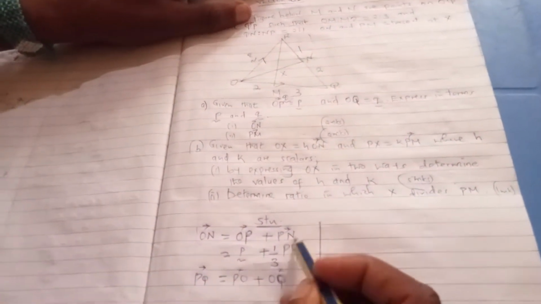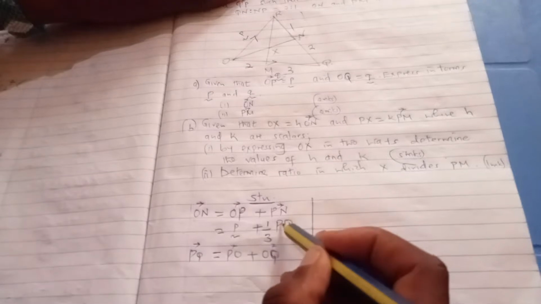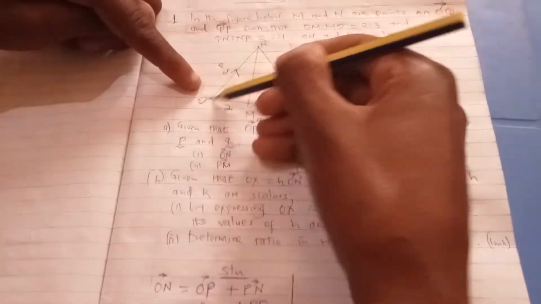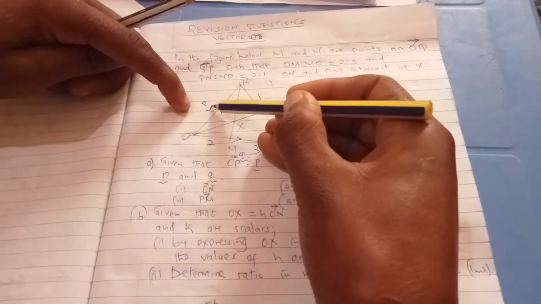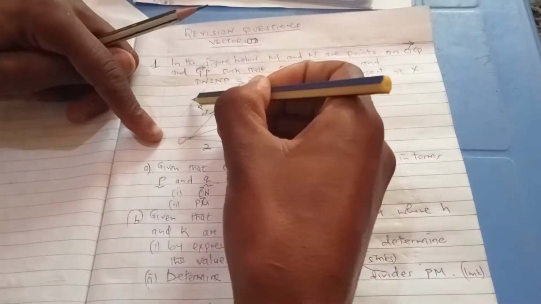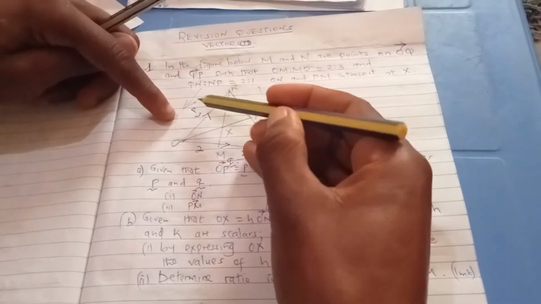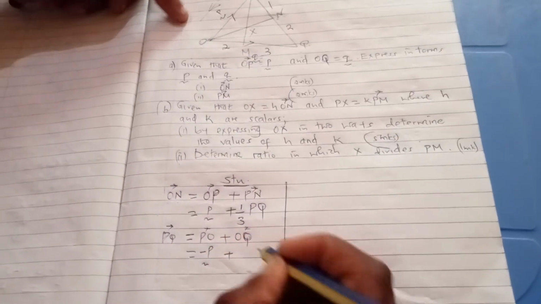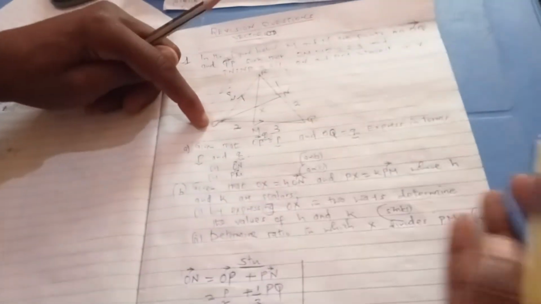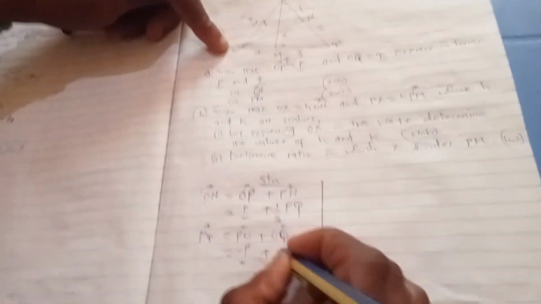It's because we want to find this vector PQ in terms of P and Q. So PO, you can see the magnitude is the same, but the direction is different, because we know that OP is positive P. Then PO, when you are moving against the arrow, the sign will change, so it will be negative P. Plus OQ is just the same, the direction is the same, and we know that OQ is Q, so it will remain positive.